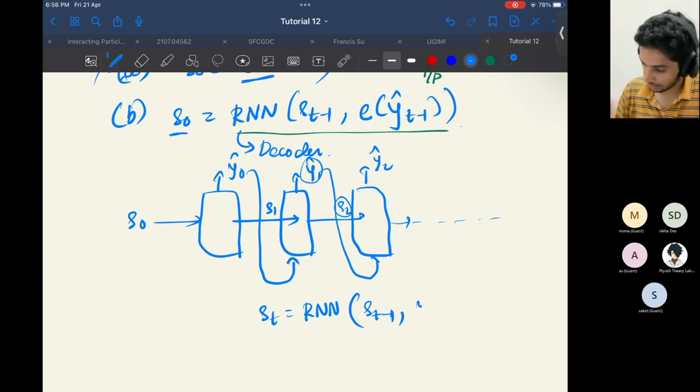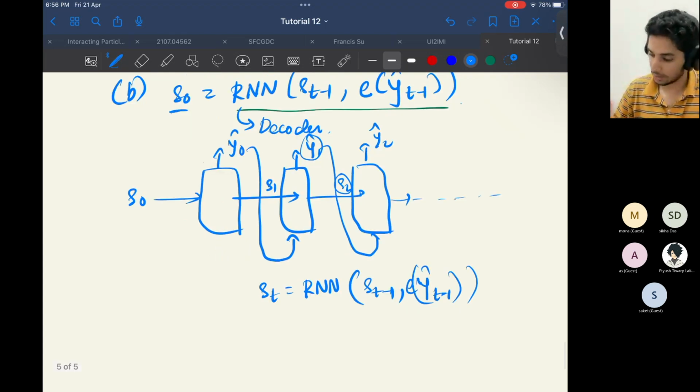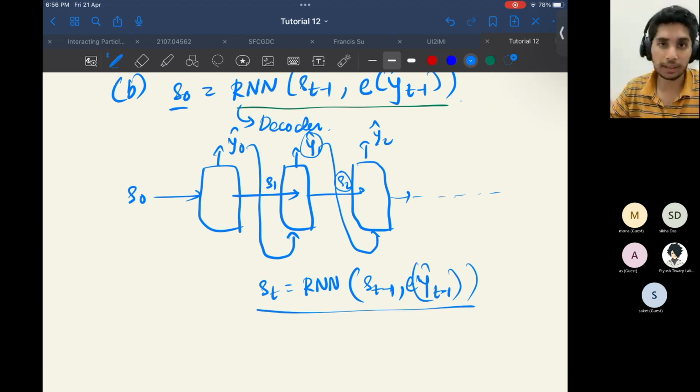So it will be y T minus 1 hat. E of y T minus 1 hat just says which embedding it is, which word it is. That's not a big deal. So this is the decoder side input.